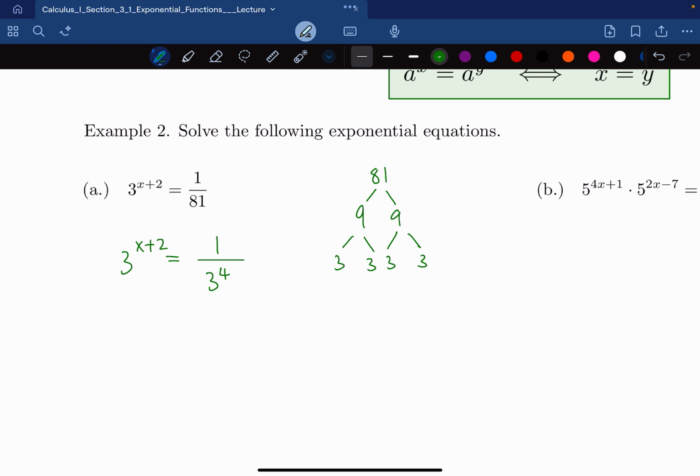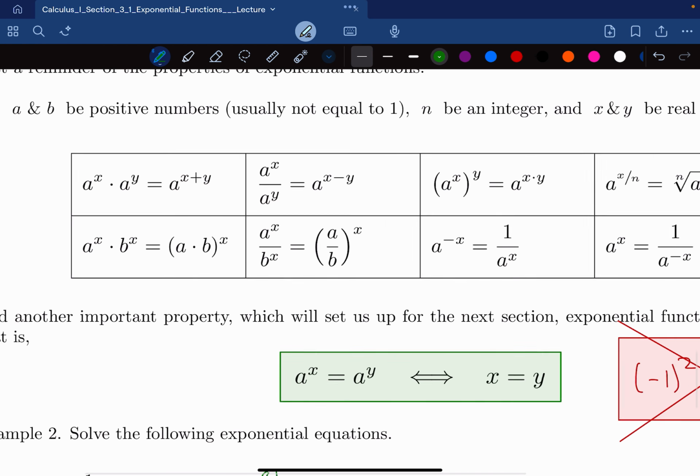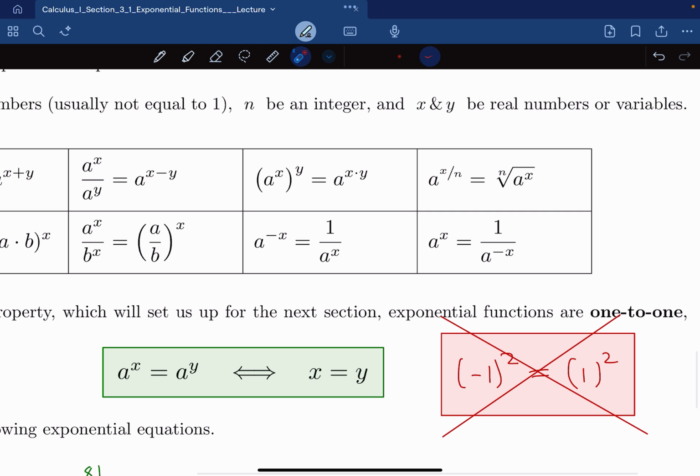So if you prime factor it, you will have 3 to the 4th power. What I can do then is to leverage the property of exponents. I can move this exponent on the denominator to the numerator by treating it with a negative exponent, right? That's essentially this property right here.